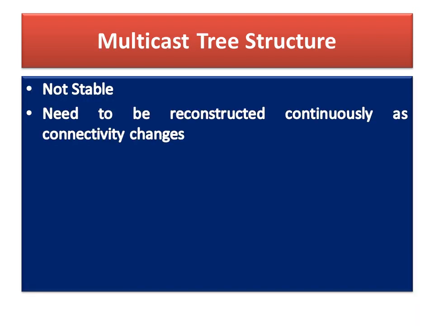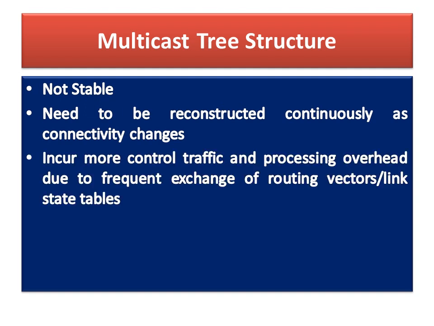So the entire multicast tree structure is not going to be stable, and it needs to be reconstructed continuously as the connectivity changes. So you'll have to be more proactive here: are you going to ensure beforehand that you have some prediction mechanism, or are you going to react only when you detect that there's a break? All that is something which we'll have to start addressing.